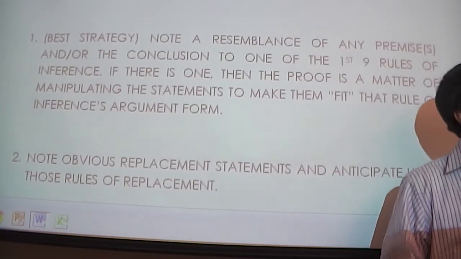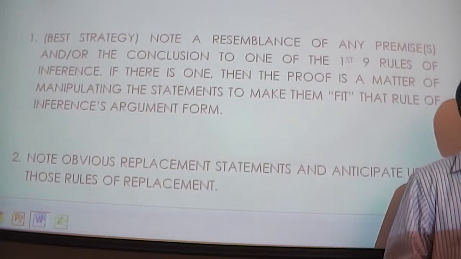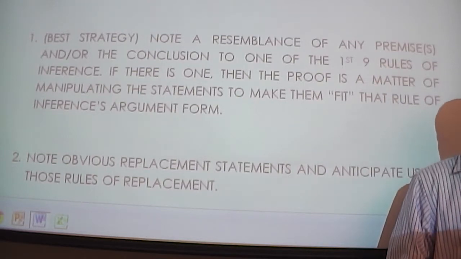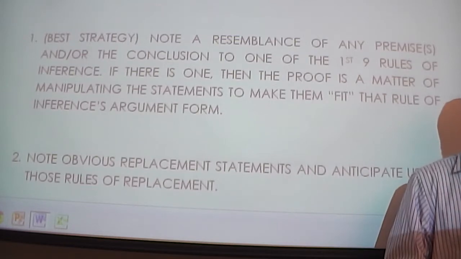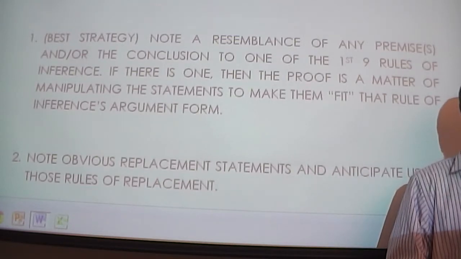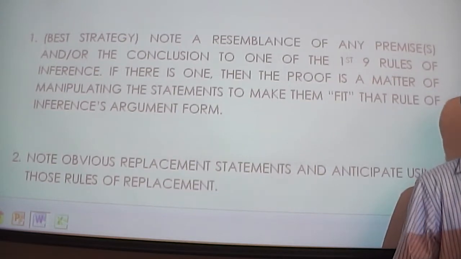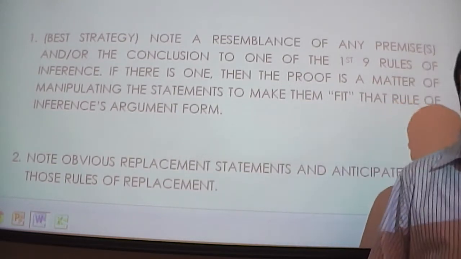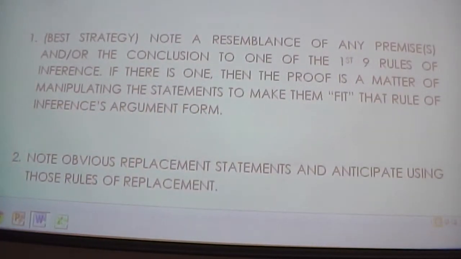If there's a resemblance there of one of the first 9 rules, then the way to the proof is to manipulate, to change the appearance of that resemblance so it does fit exactly, for example, hypothetical syllogism. And I think you're going to find that we encounter this many, many times tonight when we start our proofs. That's the best and most common strategy.